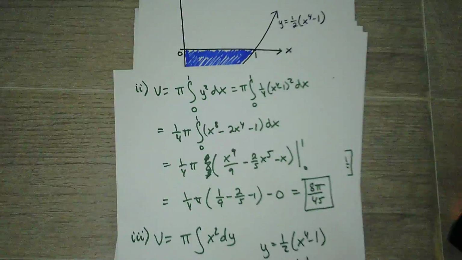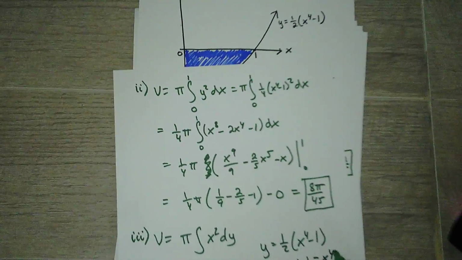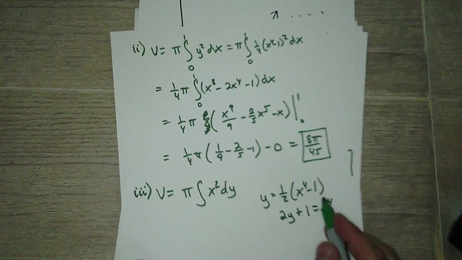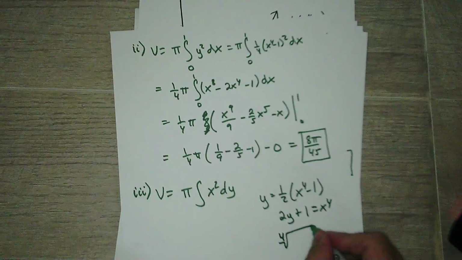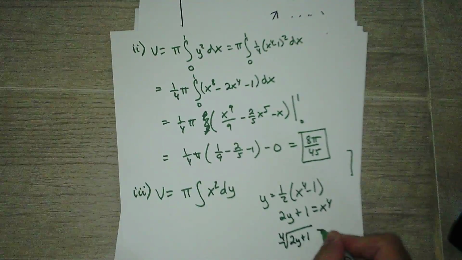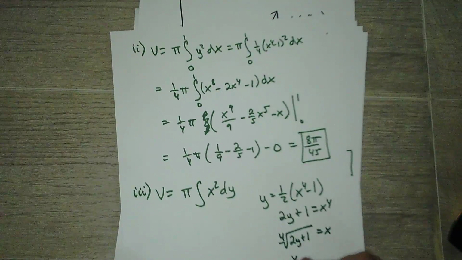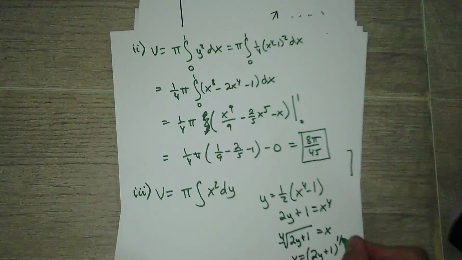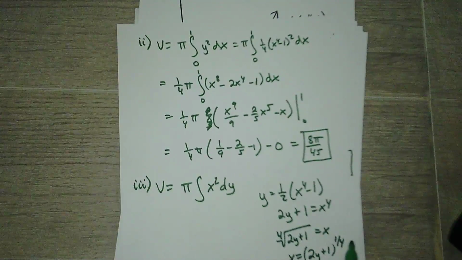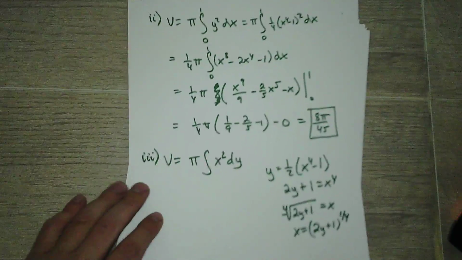Add the 1 over. Now to get rid of this 4, I do the 4th root. Or you can write it like this, if you want to do it with exponents, 1/4. Remember, 1/2 means square root, 1/4 means fourth root.